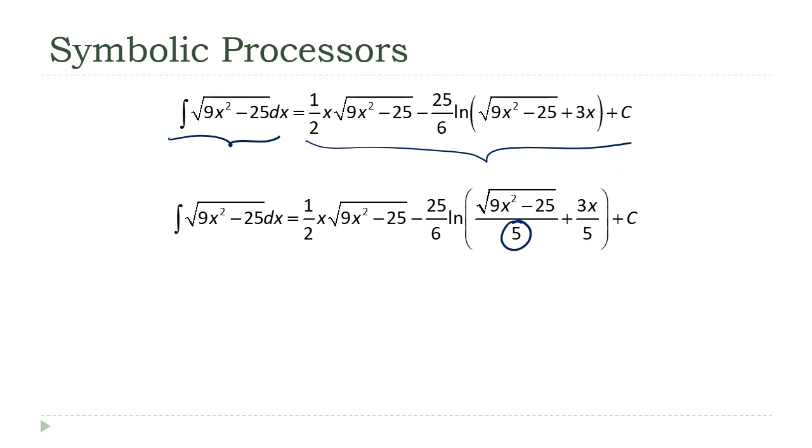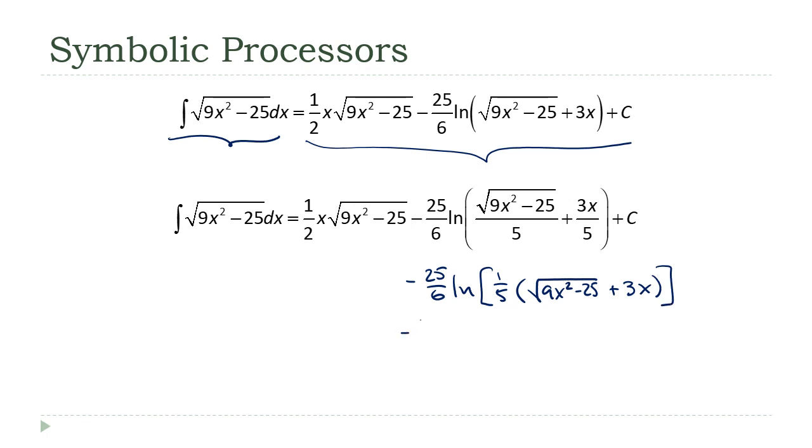So, for example, with this question, look, if I factored out that 1/5, this becomes negative 25/6 times the log of 1/5 square root of 9x squared minus 25 plus 3x. Now I can use some logarithm rules here.